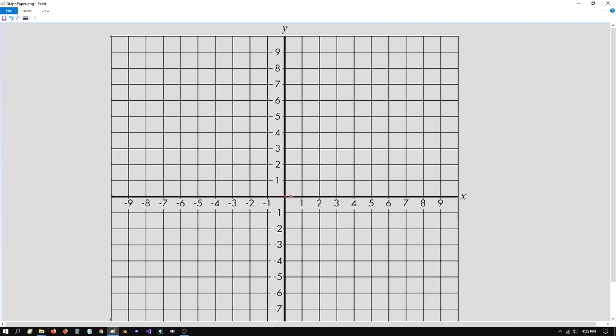In the Cartesian coordinate system, you have a y-axis here, and the y-axis increases as you go up, positive, and it's negative as you go down. The x-axis is over here, and it increases positive as you go to the right, and it's negative as you go to the left.